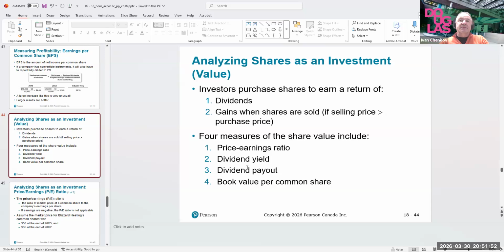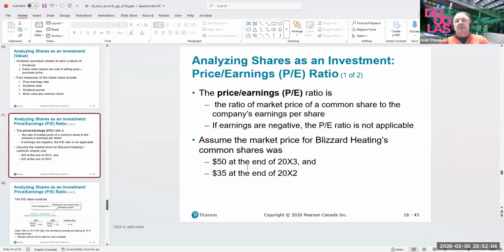The four measures of the shares are the price earnings ratio, dividend yield ratio, dividend payout, and book value per common share. First one is the price earnings ratio. That's the market price of the common shares to the company's earnings per share.